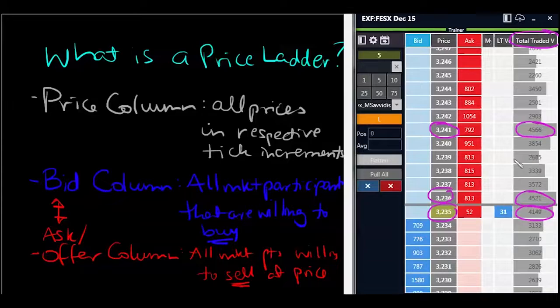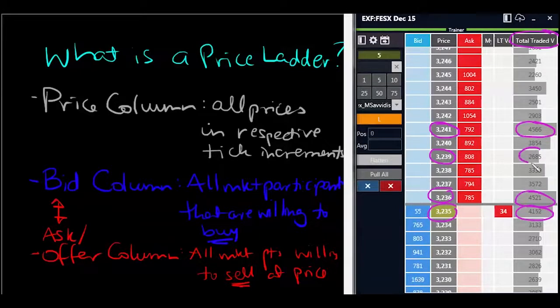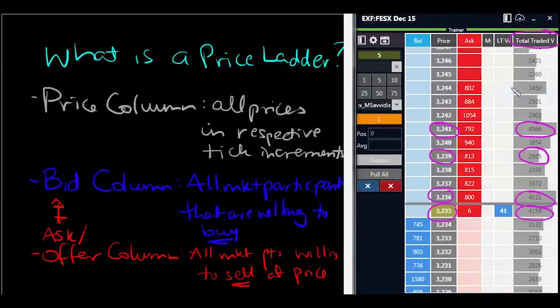If we look at some of the lesser traded prices, for example, the 32.39s, we've seen 2,685 contracts traded. So I think you get the gist here. Every single price and the total traded volume column shows us how much has been traded at each consecutive price.